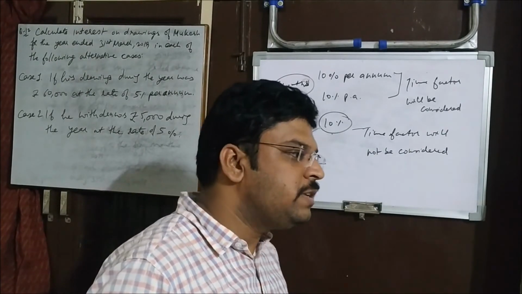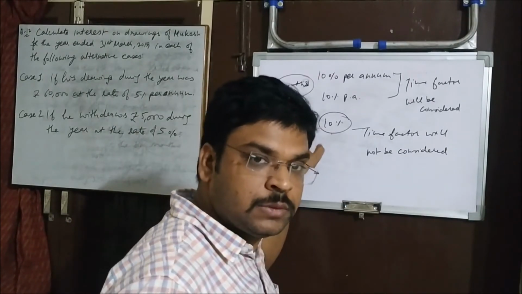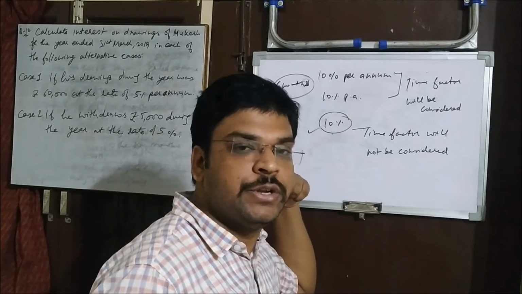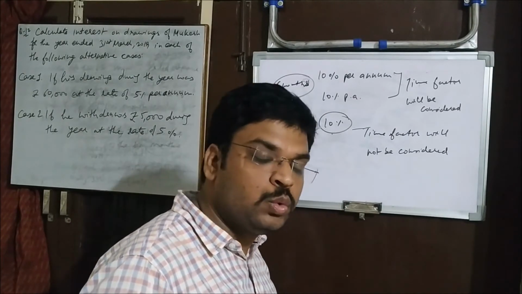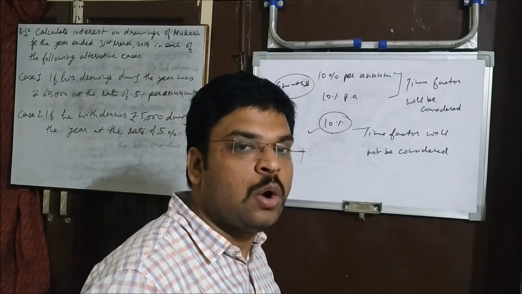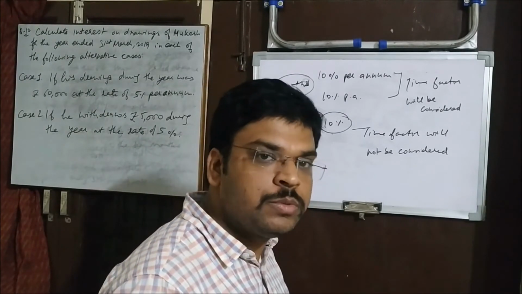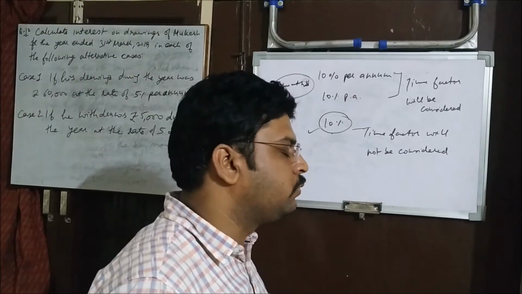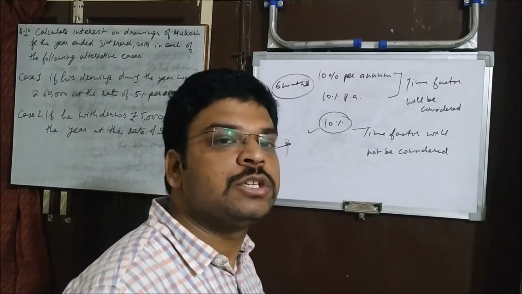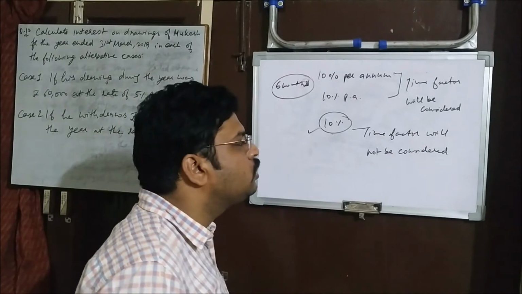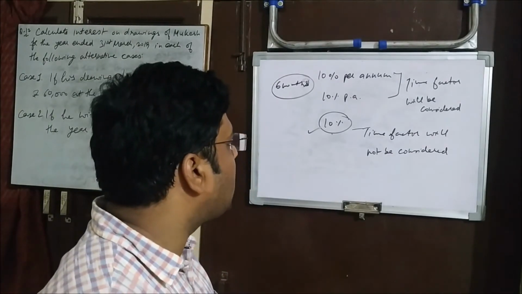Fine. Already we have tackled this point in the previous video related to profit and loss appropriation account. I think it was the last question. So I promised you to explain at the time of the video of interest on drawing. So here it is. Understood? So there come 2 rules out here.